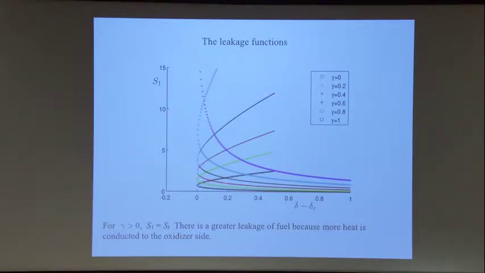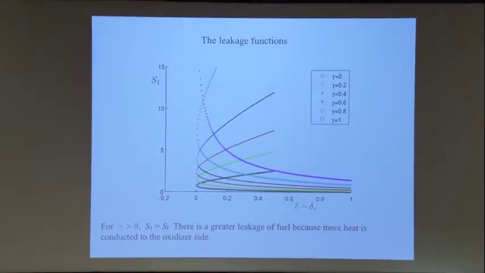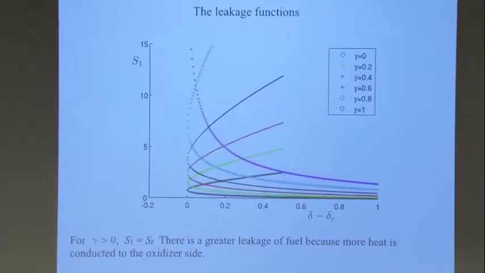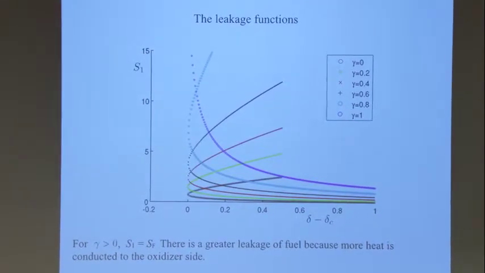The two solutions correspond to two possibilities for leakage, a low branch and an upper branch. Obviously, one of them will be unstable, and so clearly, physically, only one would exist. And it's clear which one exists because I expect that when delta goes to infinity, the solution will approach the Burke-Schumann solution, and therefore the leakage will go to 0.